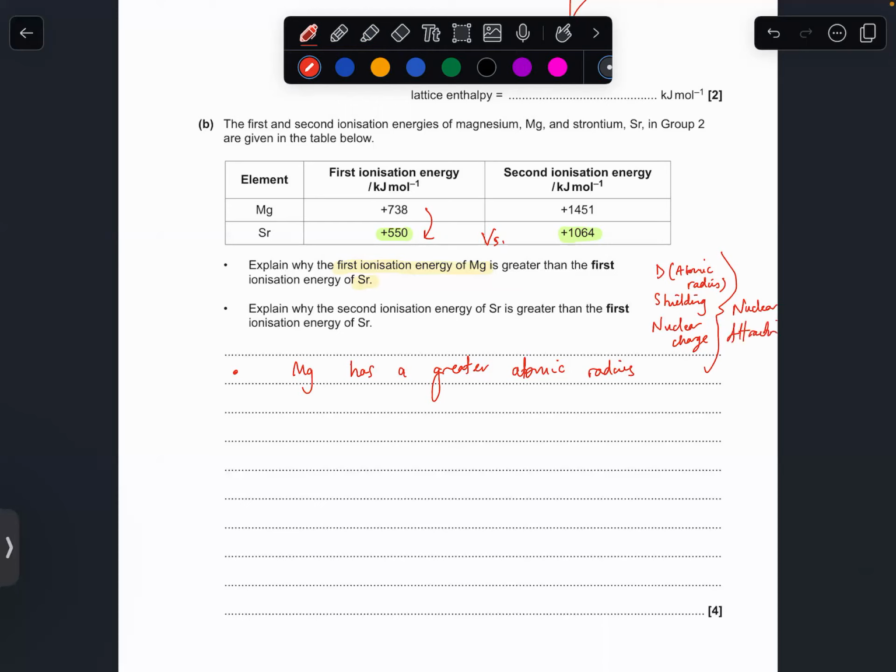For magnesium, it has a greater atomic radius, so more shielding.